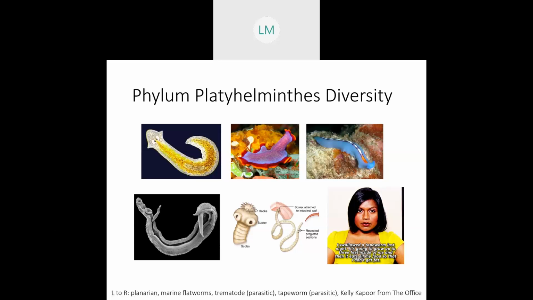This one down here, this is a trematode or a fluke. So this is a parasitic organism. And then we have tapeworms also. This is just a drawing of a tapeworm. These are also parasitic. So we've got these hooks and these suckers that help for attachment to the intestines, and then these little segments are little reproductive units that can be released and become new tapeworms.